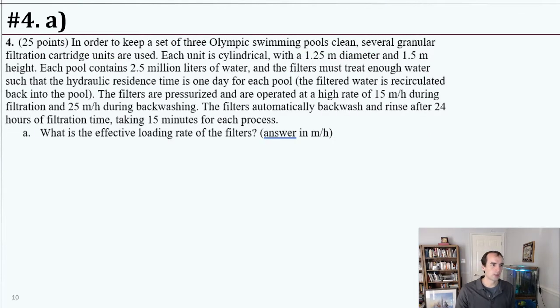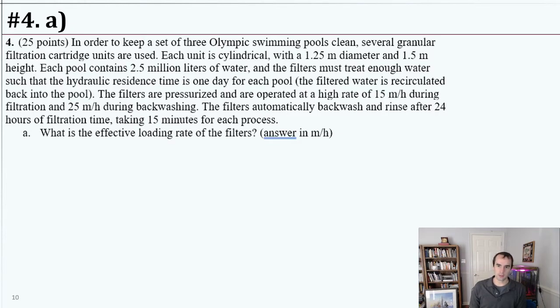Okay, so then our last problem here, problem 4a. So the problem says, in order to keep a set of 3 Olympic swimming pools clean, granular filtration cartridge units are used. Each unit is cylindrical with a 1.25 meter diameter and 1.5 meter height.